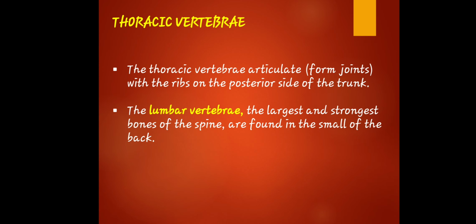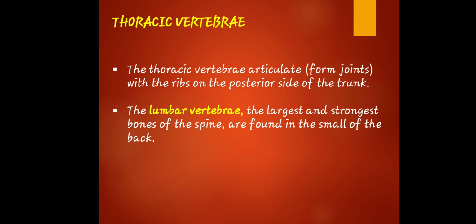Aside from that, when we say thoracic, it holds the rib cage and protects the heart and the lungs. Again, the thoracic vertebrae have very little motion because they are firmly attached to the ribs and the sternum, because they hold the rib cage to protect our heart and lungs.